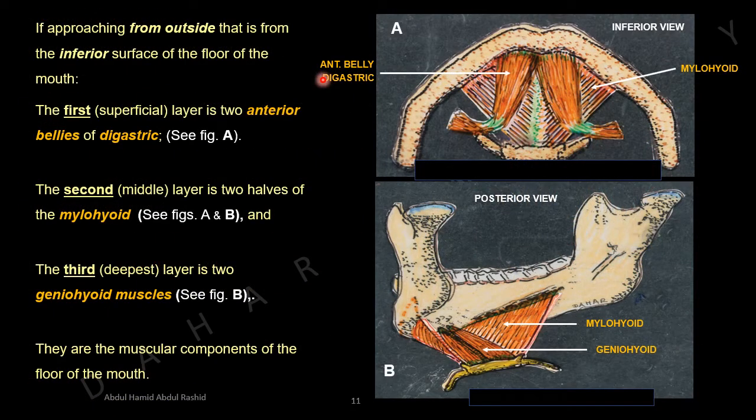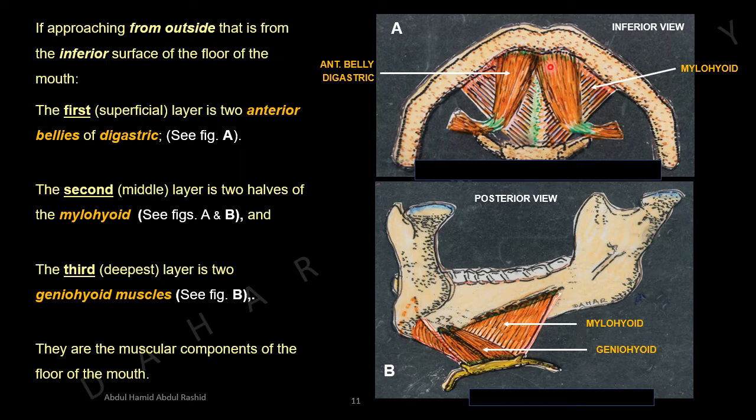If we approach the floor of the mouth from outside, that is superficial or most inferior, you will see 3 layers of muscles which form the floor of the mouth. The first layer, that is outermost or lowermost, is the anterior bellies of the 2 digastric muscles.